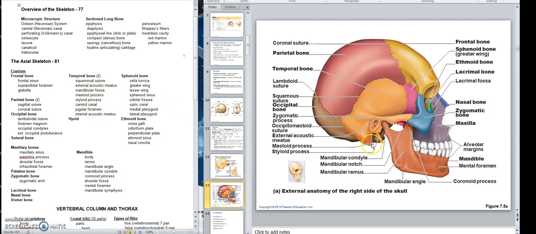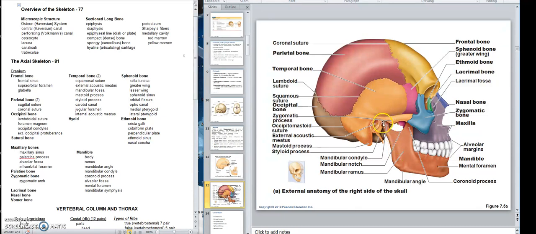External acoustic meatus, that's the hole that you'd be hearing from in the ears. Mandibular fossa, that's this area here. It's actually where your TM joint is. Sometimes people have temporomandibular problems. That's where the temporal bone articulates with the mandible.